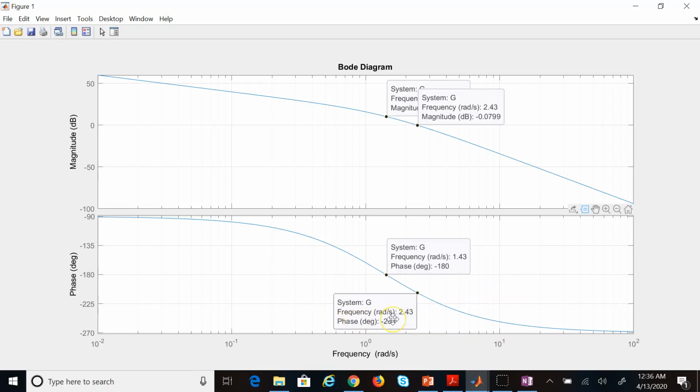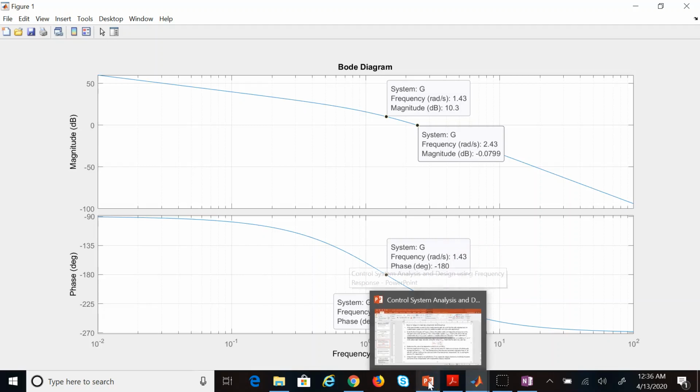So the phase margin of this gain modified system is negative 28, and the gain margin is negative 10.3. So this system is clearly not stable. But now we make it stable, and we make it give us the required phase and gain margin by adding a lead portion and a lag portion.